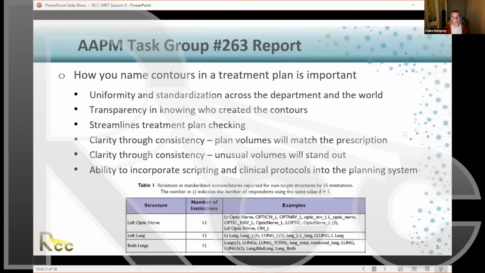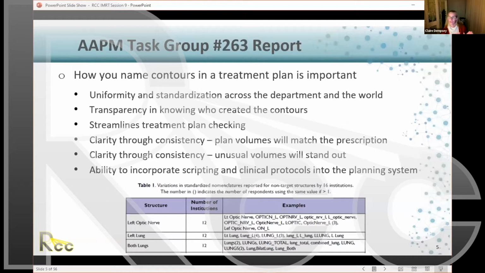Having consistent naming of contours and structures in your plan streamlines treatment plan checking, so that when you see the name of a contour in your plan, you know exactly what that thing is. It's the same from plan to plan within your department. By having consistent names, you get clarity. The planned volumes in your treatment plan will match the volumes that the radiation oncologist writes down in their prescription, and that's really important.